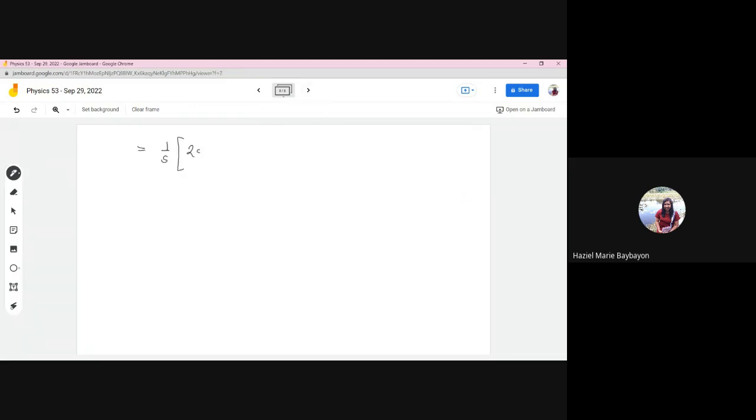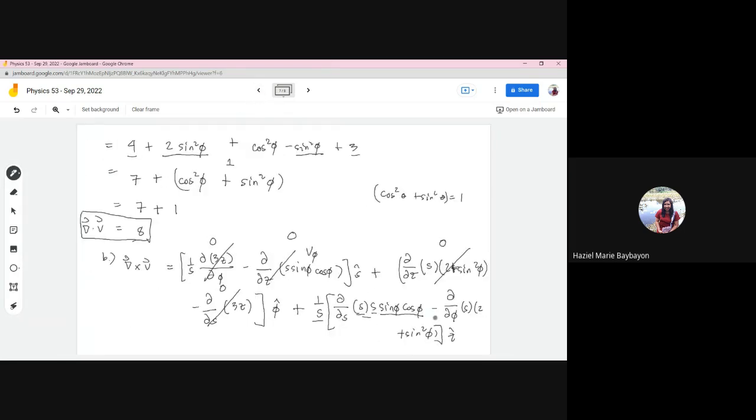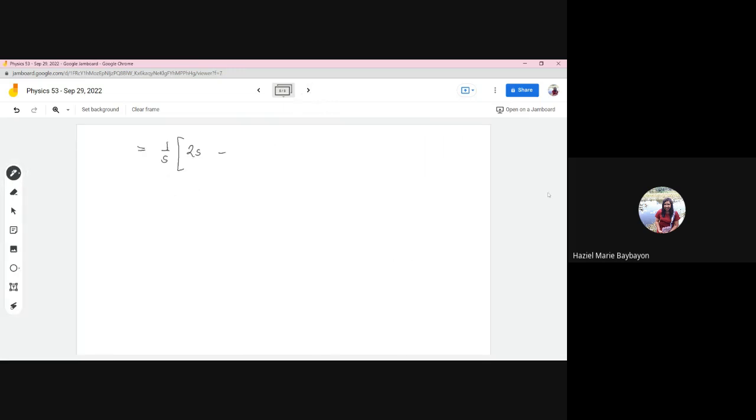Sa isa ka term. And then you have this one, minus the derivative of this. So, naa kay 2S plus S sine squared phi. So, ato lang i-differentiate is kini si S sine squared phi. So, how do we differentiate that one? So, ma-zero na to nga term.